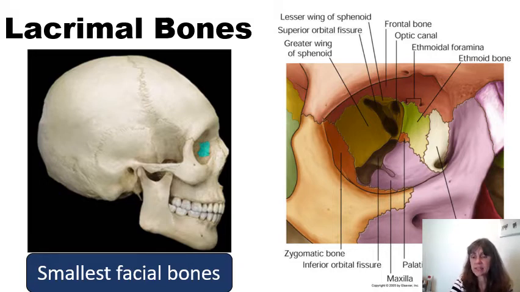You'll notice that there is an opening for a canal between the lacrimal bone and the maxilla that allows for tears to flow from the eye down into the nasal cavity. The lacrimal bones are the smallest facial bones.